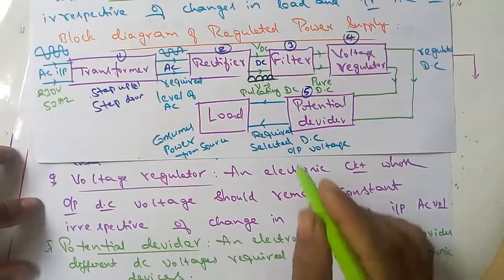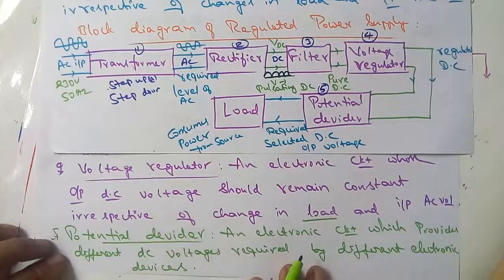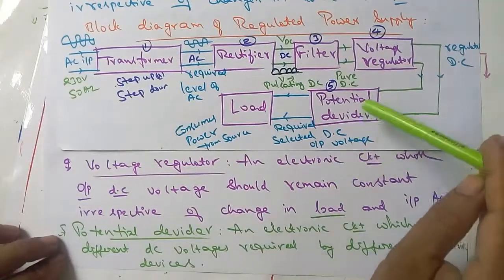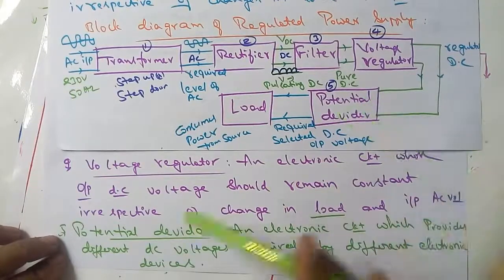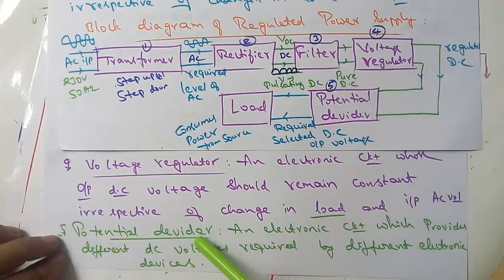Understood? Now the last one, the potential divider. What is its function? An electronic circuit which provides the different DC voltages required by different electronic devices. For example, a charger needs 4 volts.